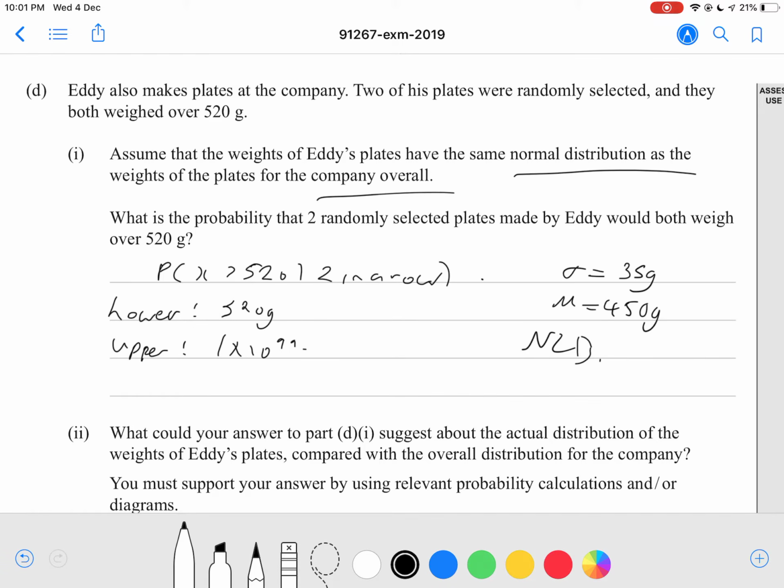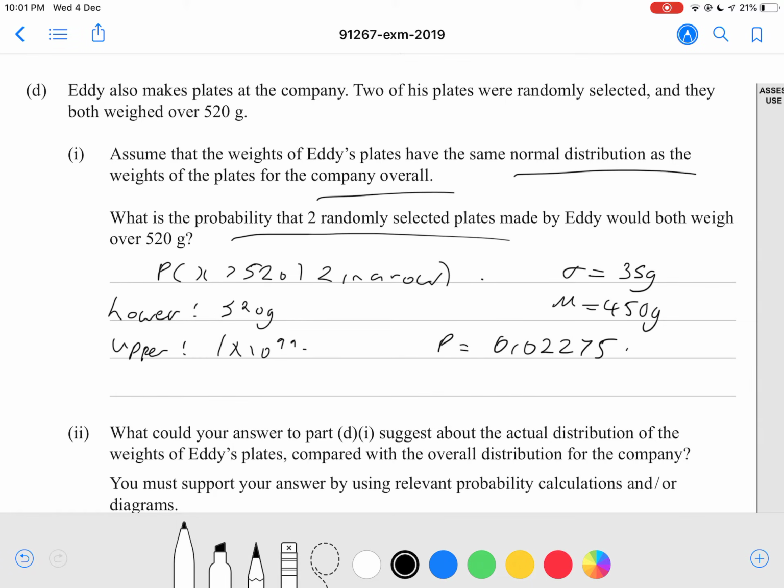Alright, so our probability equals 0.02275. However, it says the probability of 2 randomly selected plates made by Eddie. So that means we have to square this in order to find our answer. 0.02275 squared is a very tiny number.